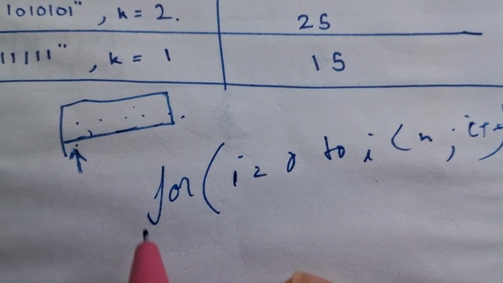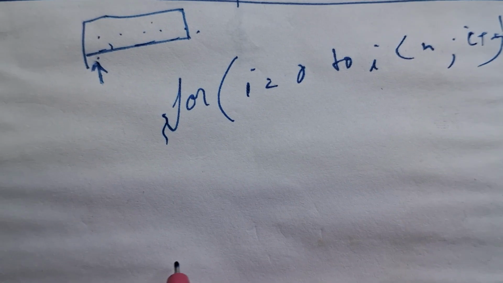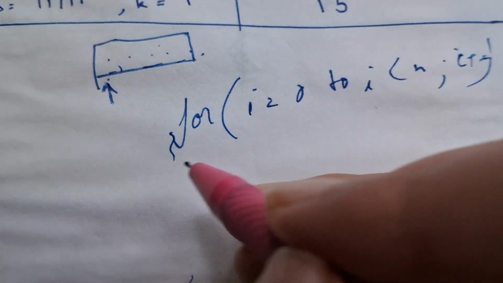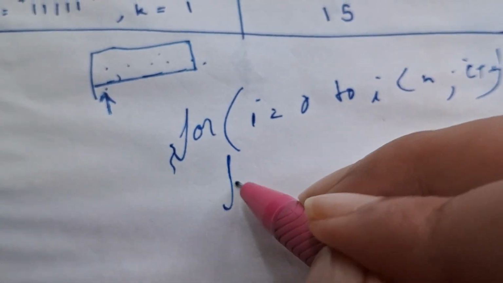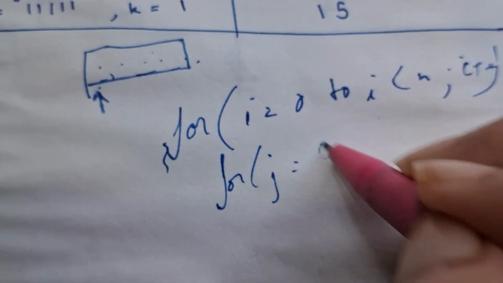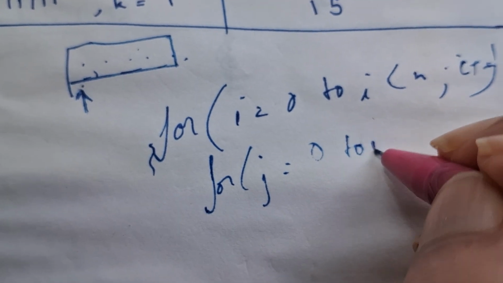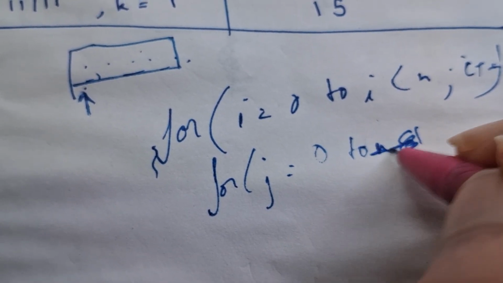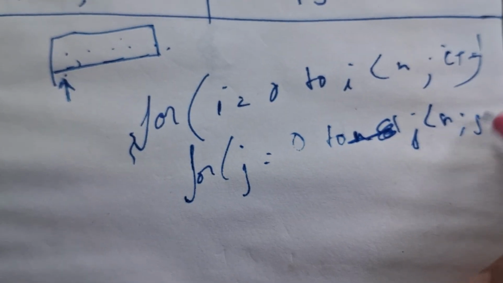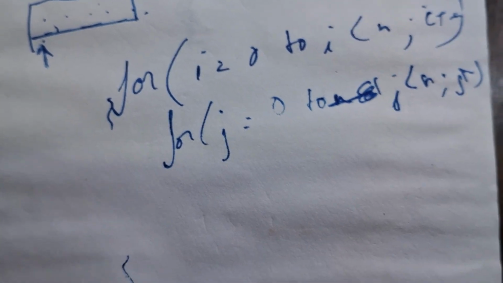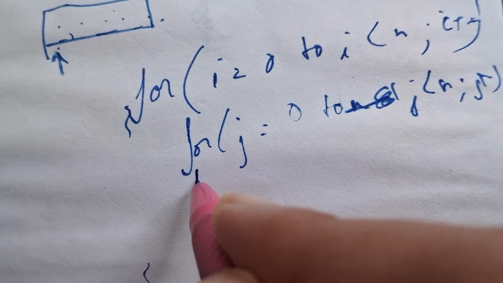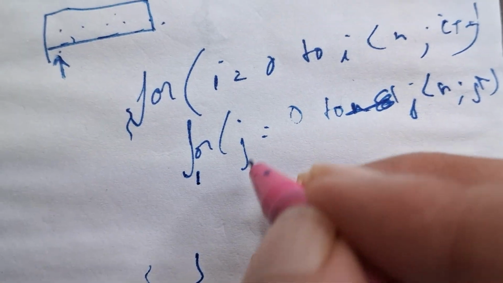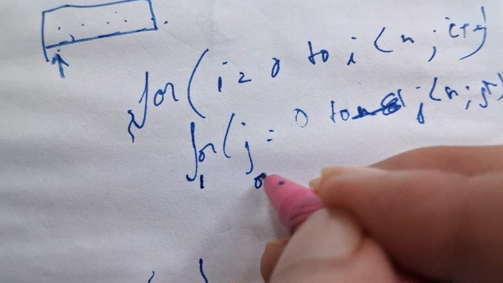Okay, and after you're done with this, inside this, you can start from every element. That is for j is equal to 0 to n, like j less than n, j plus plus. Okay, and for every one of the elements, you're going to count the number of ones.